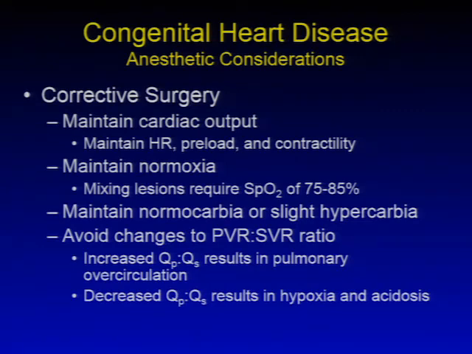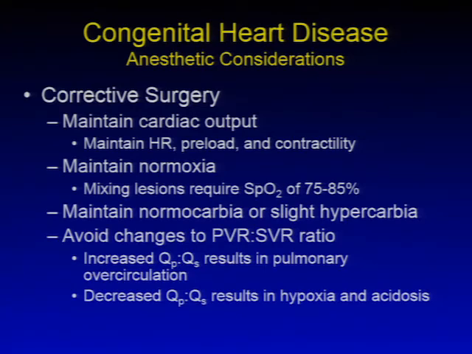Anesthetic considerations for children with congenital heart disease depend on what the actual surgery proposed is, as well as what stage of repair these children are presenting. In children that require corrective surgery, it's important to maintain their cardiac output. The child with congenital heart disease, if not in extremis, will require maintenance of their normal heart rate or even potentially increased heart rate, as that's the most important component of cardiac output in a neonate or infant.